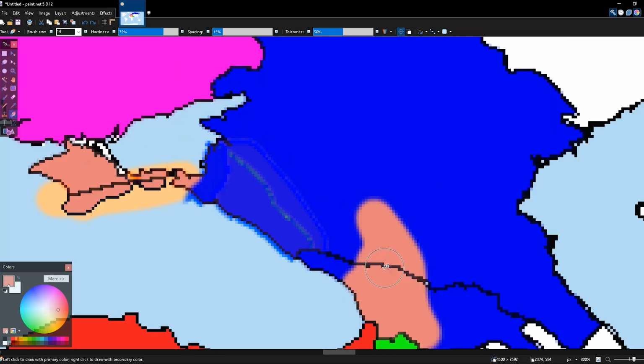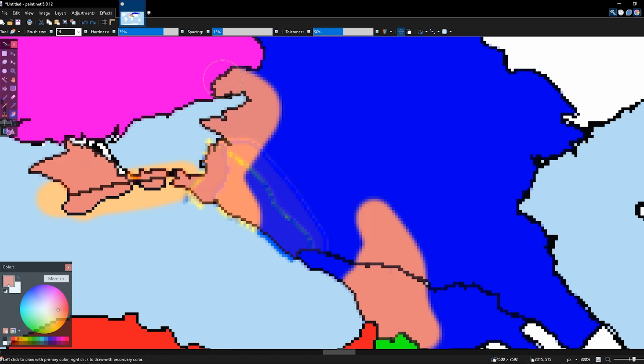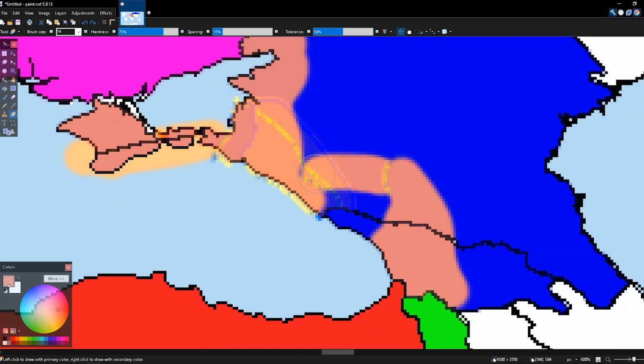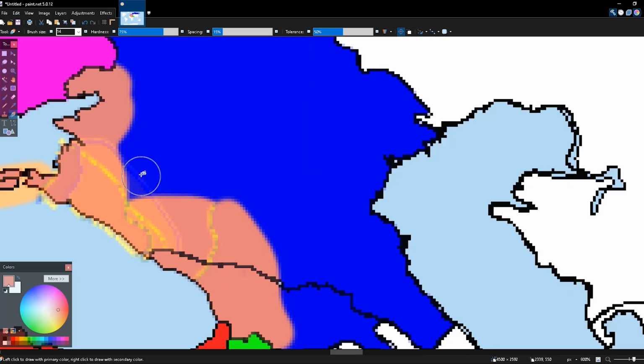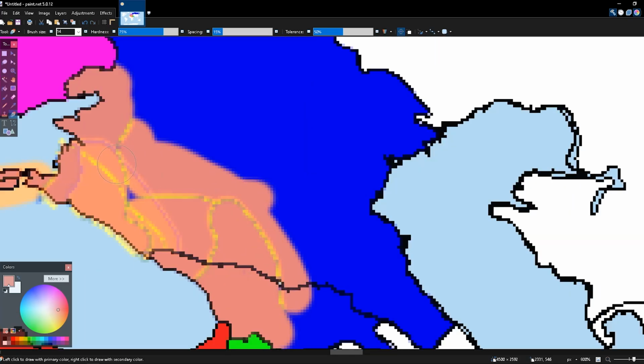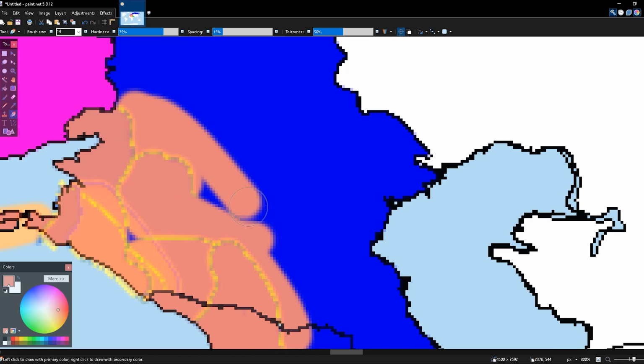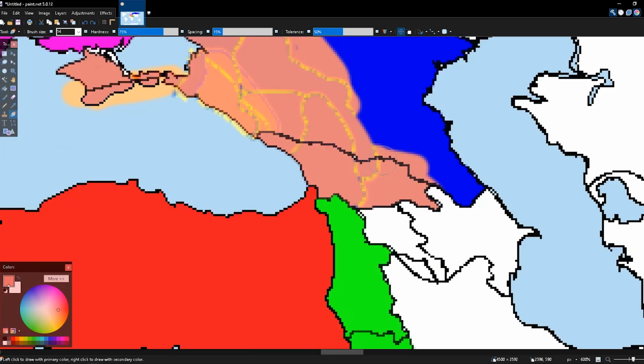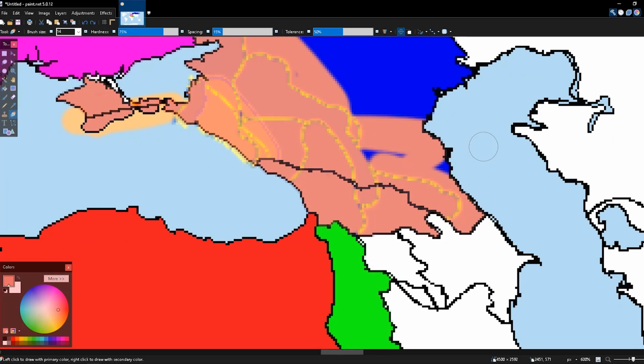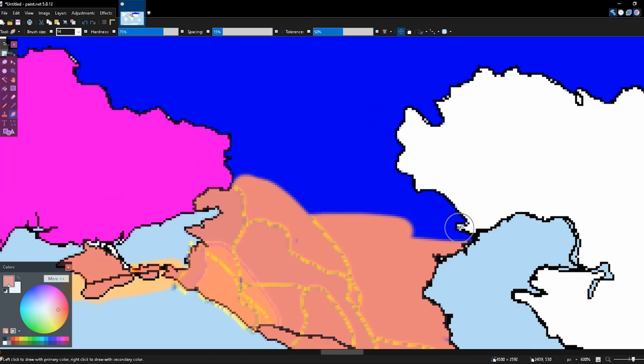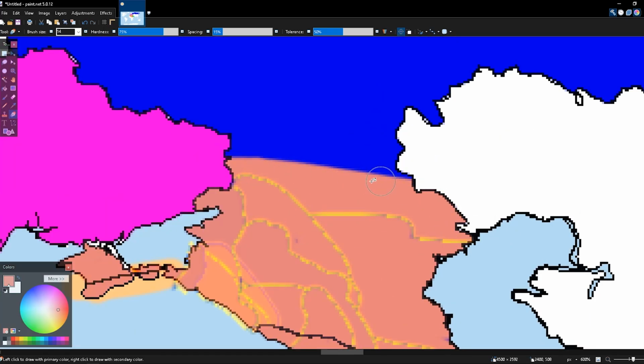Russia now focuses on this front line, which means the left forces push in easily. Some Russian forces get surrounded and then they surrender, and the Byzantines continue to push into Russia. Georgia capitulates, and the Byzantines continue to push into Russia.